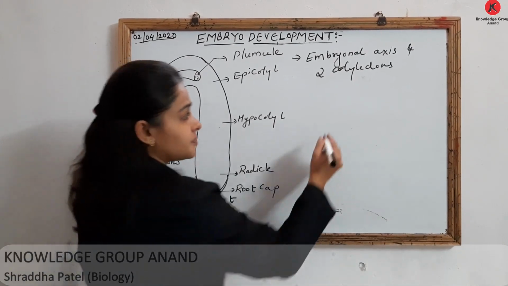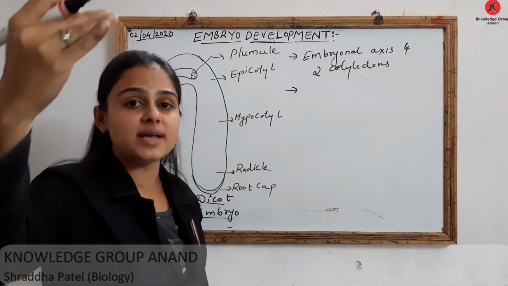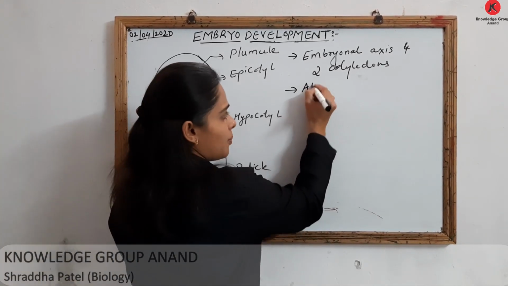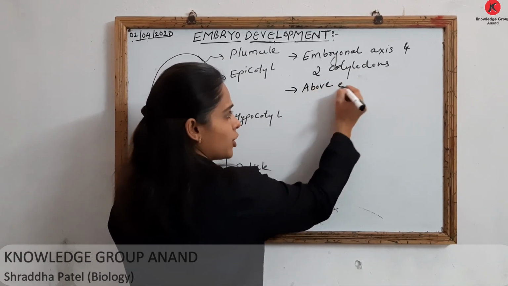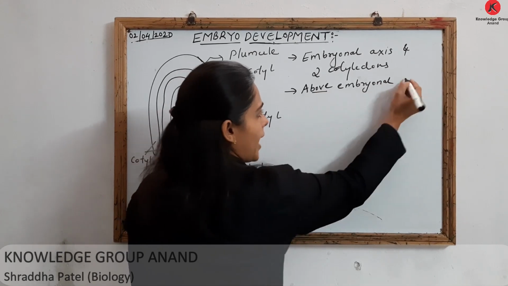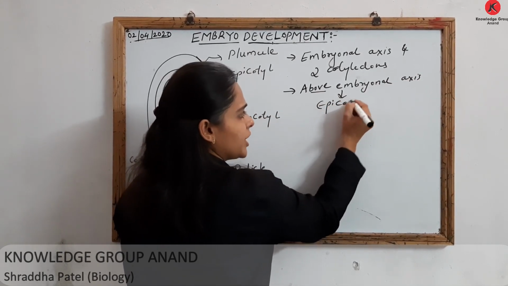Okay. Now the part of the structure which is present above embryonal axis को कहा जाता है एपिकोटाइल.